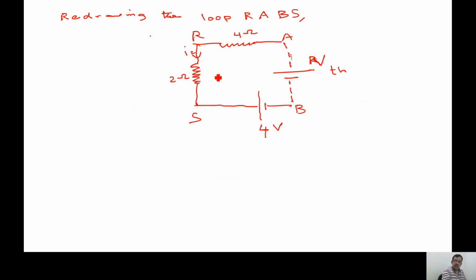I now consider this as loop 3 with the imaginary construct of the Thevenin's voltage source.